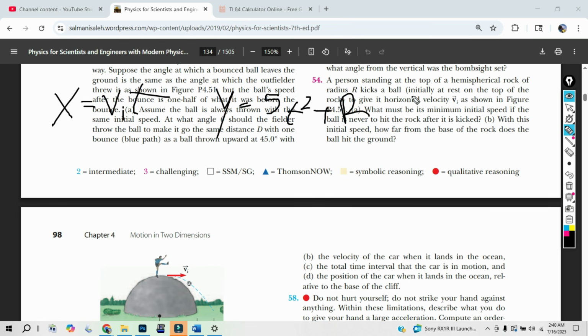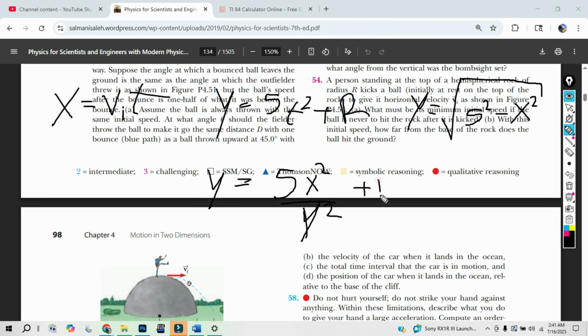And then we have the equation of a circle, y is equal to the square root of 5 squared minus x squared. And then when we sub these together, we're going to get y is equal to 5x squared divided by v squared plus r.